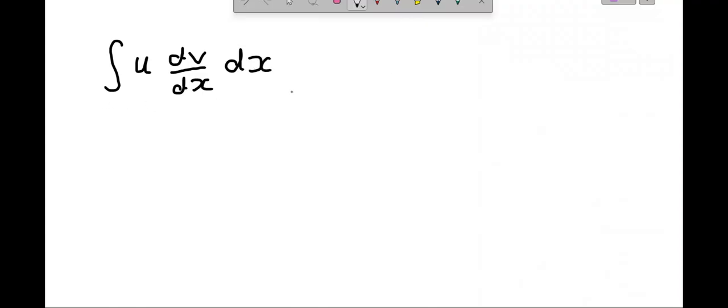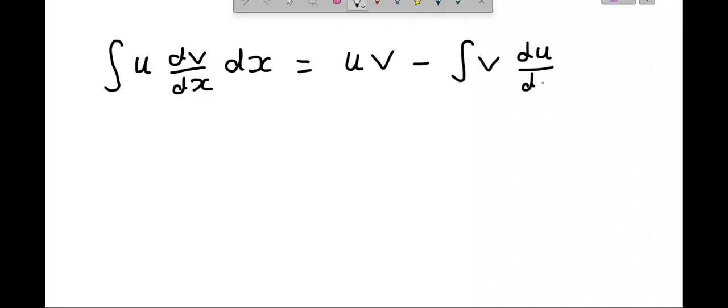So this integral is equal to the functions multiplied together, u and v, so u and v are both functions of x, minus the integral of v multiplied by the derivative of u with respect to x, and again this is all integrated with respect to x.